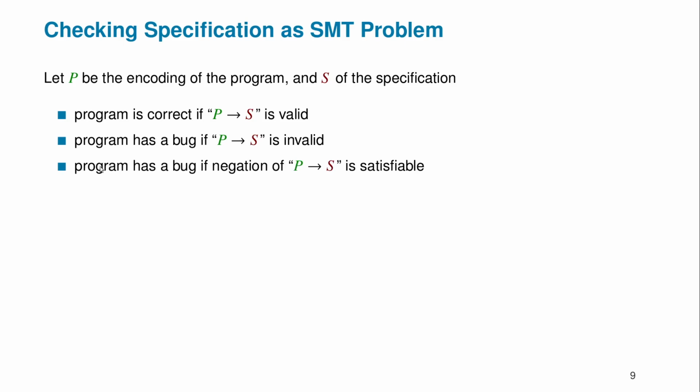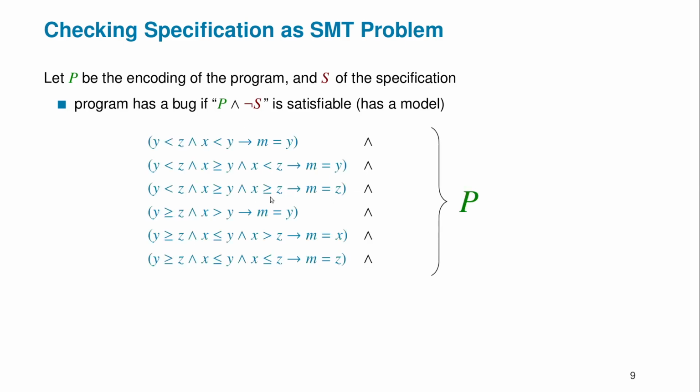This means the program has a bug if the negation of P implies S is satisfiable, because the counter model of P implies S is a model of the negation of P implies S. And if we now negate the formula, we obtain P and not S as a formula, and this formula we can check for satisfiability. So if we find a model for this formula P and not S, then we get an execution of P which is inconsistent with the specification.